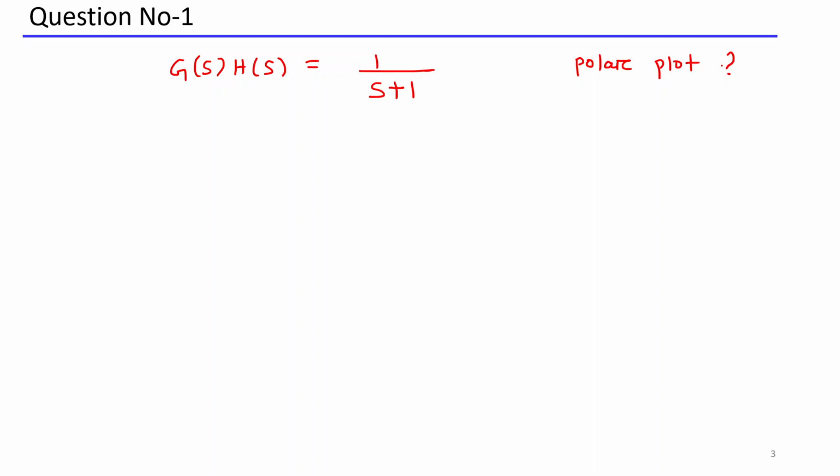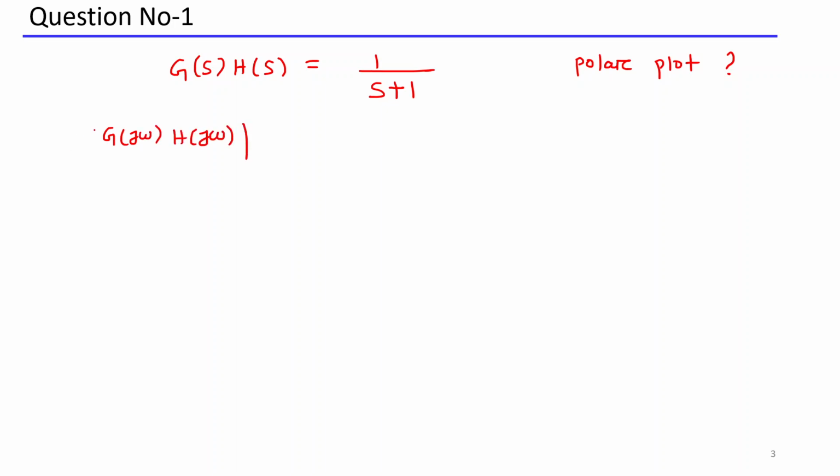You have gone through the lecture, so I will not go into details of how to find it out. I will just use my techniques and solve the problems. That's it. So try to solve the problems. Now first, whenever you want to find the polar plot, you have to find the magnitude, meaning G(j omega)H(j omega) in the frequency domain.